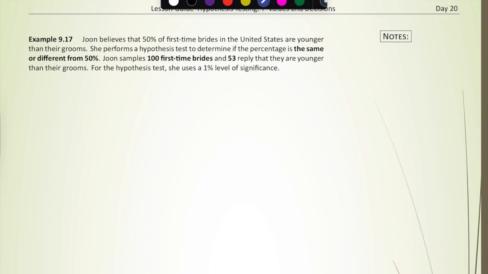Okay. June believes that 50%, oh, this has got to be test 1 because it's a proportion. June believes that 50% of first-time brides in the United States are younger than their grooms. She performs a hypothesis test to determine if the percentage is the same or different from 50%. June samples 100 first-time brides, and 53 reply that they are younger than their grooms.